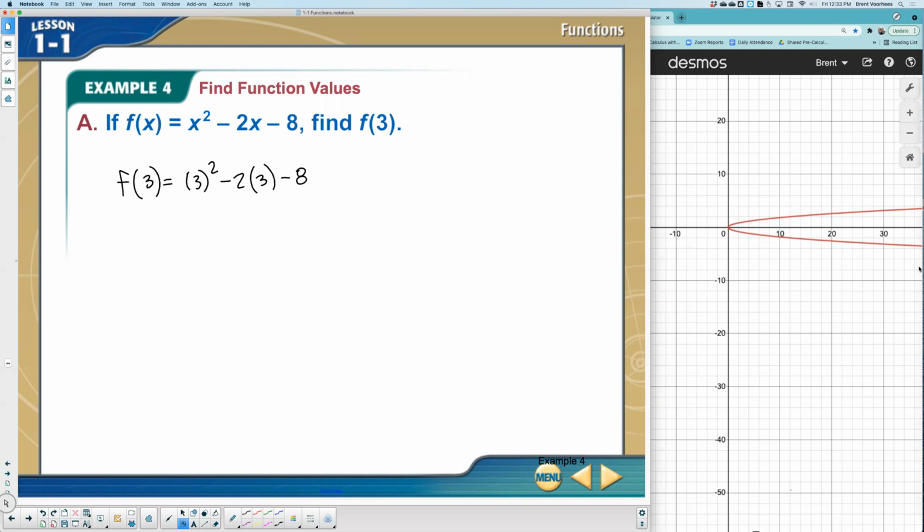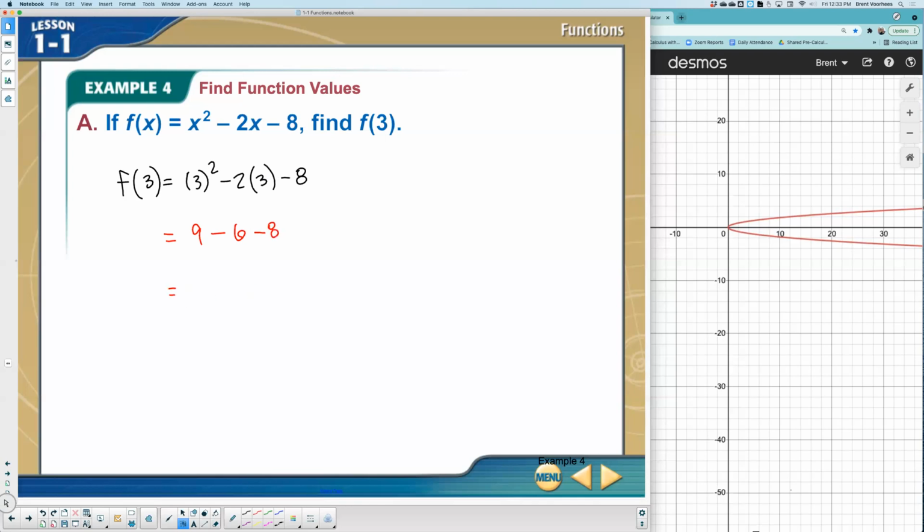So I'll walk you through the math here. What you do is anywhere you see an x, you replace that with a 3 as I have done, and then you just simplify. 3 squared, what is 3 times 3? 9. And then we have minus 2 times 3. Well, what is 2 times 3? So we're going to subtract 6, and then we'll subtract 8.